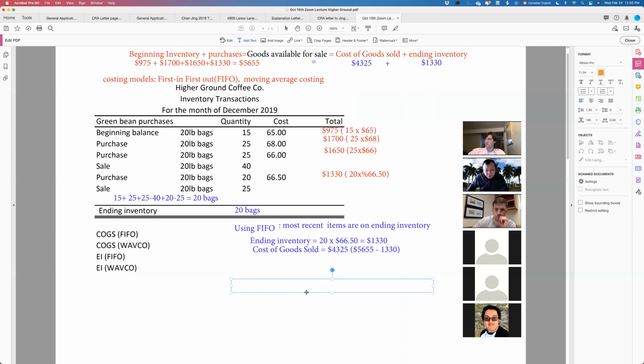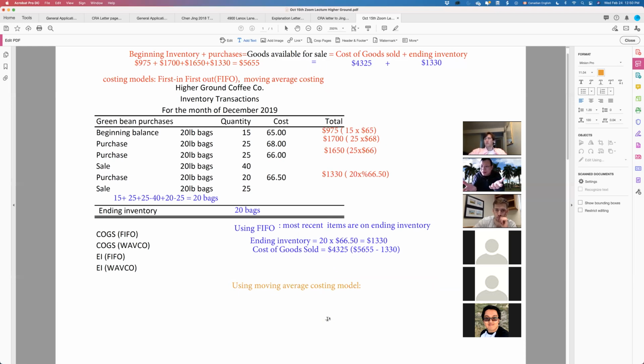Okay, so I'm using the moving average costing model. What is moving average? Before you make a sale, you want to calculate the average cost of the inventory on hand.